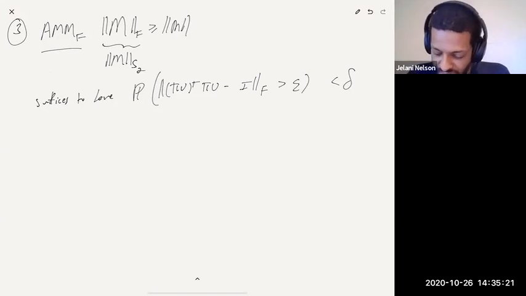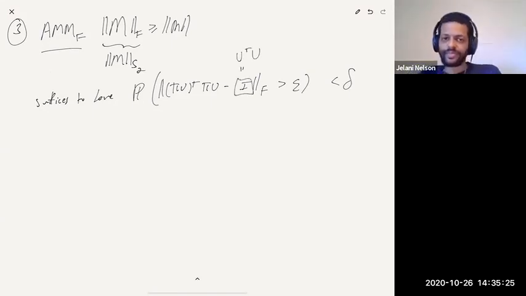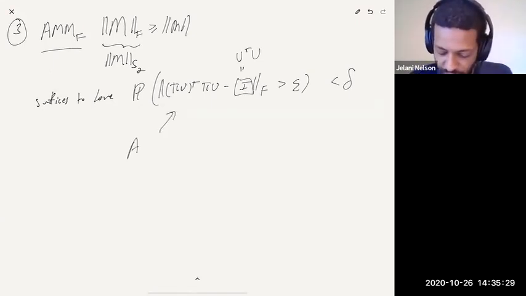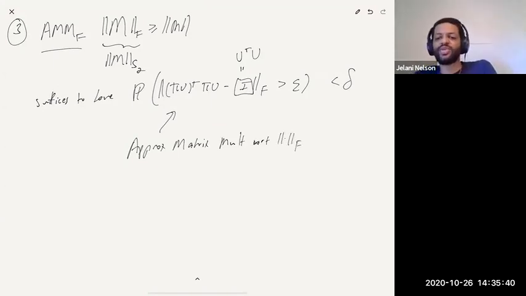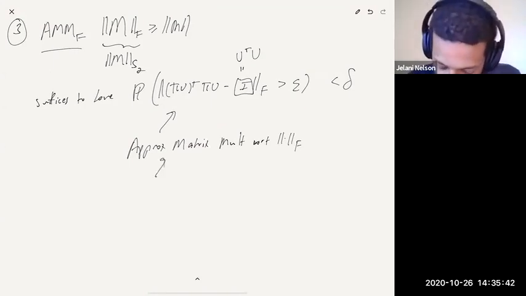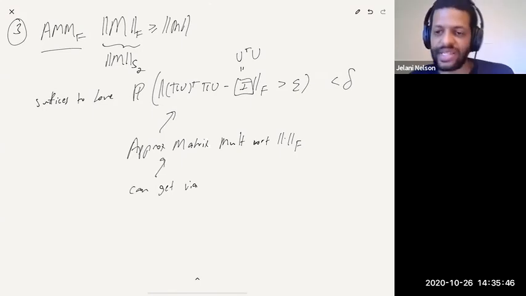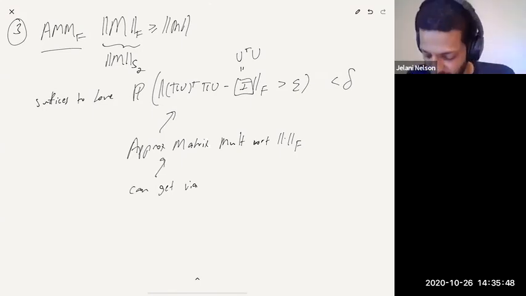Notice again that this is just equal to u transpose u. So this is exactly approximate matrix multiplication with respect to Frobenius norm. And we already talked about that last week. We can get this via, for example, the JL moment property.